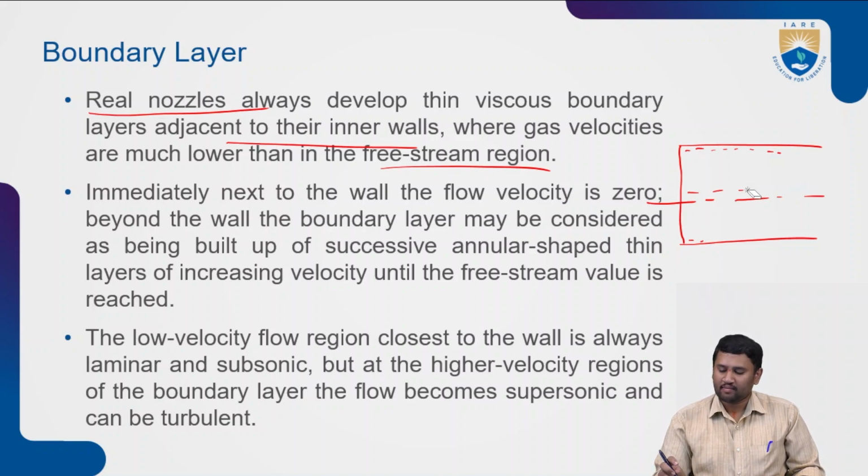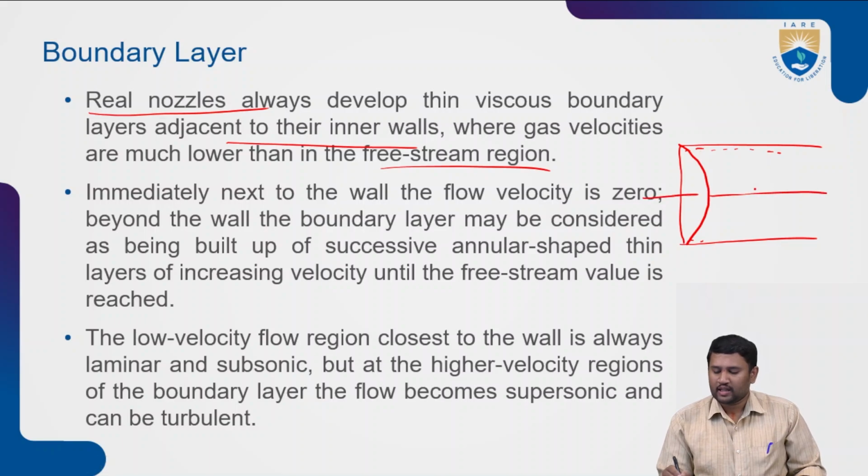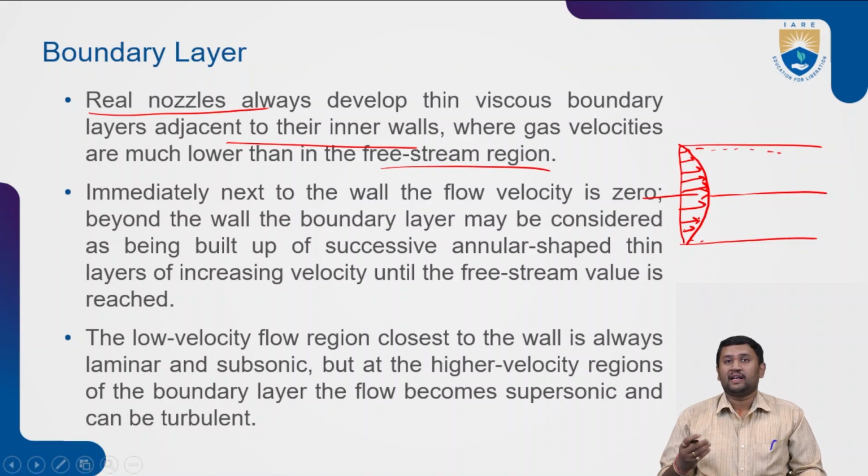If I draw the velocity curve, it will be a basic profile where the maximum velocity occurs at the center of the pipe and the minimal velocity is at the wall of the pipe.